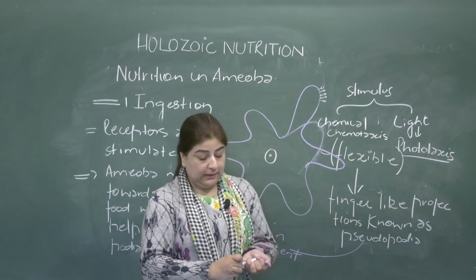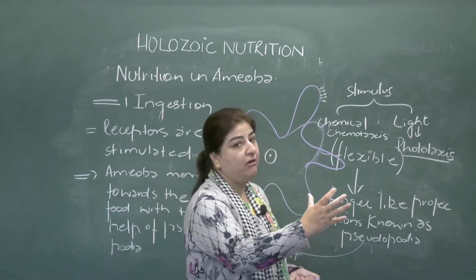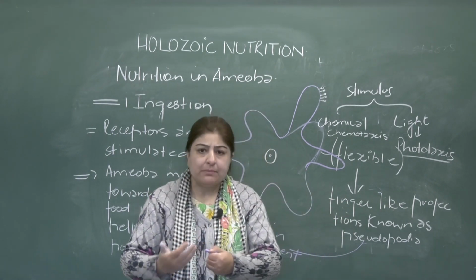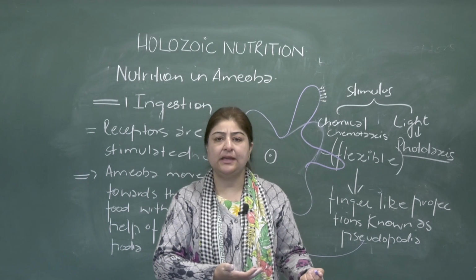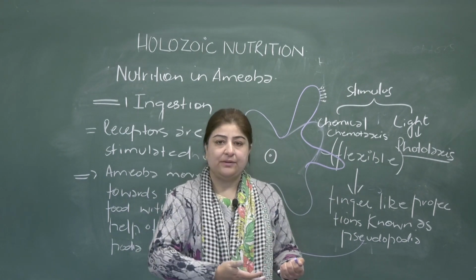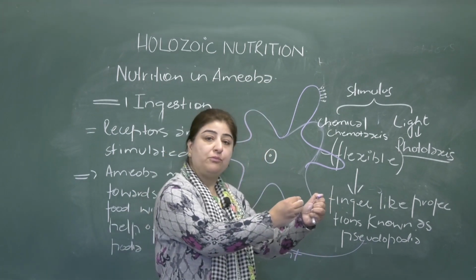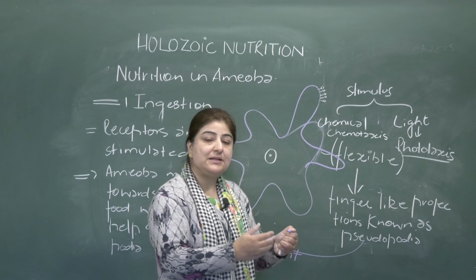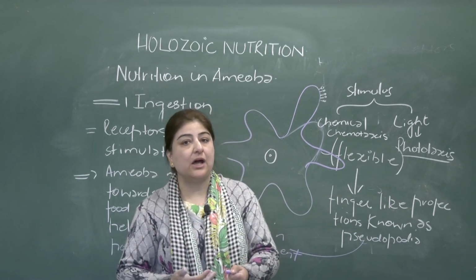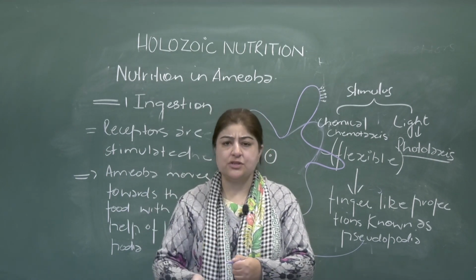So now this concept is clear: the movement of the amoeba towards the food is produced either by chemicals that are released by the food itself or by light. If it is chemical, it's termed as chemotaxis, or if the movement is brought about with the help of different light intensities, then it is termed as phototaxis.